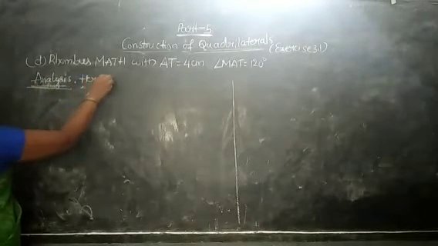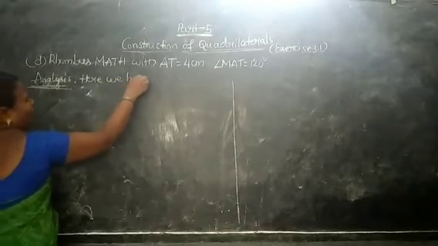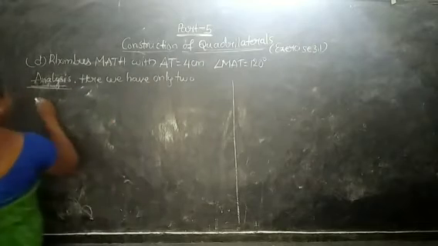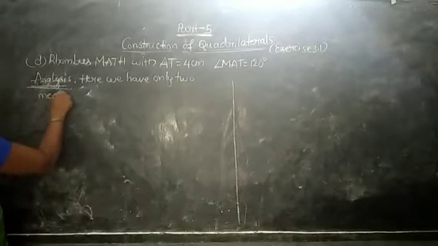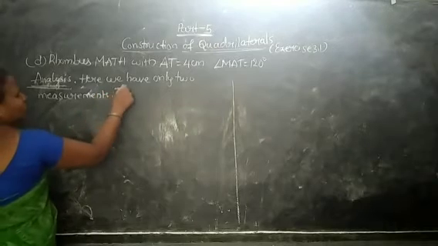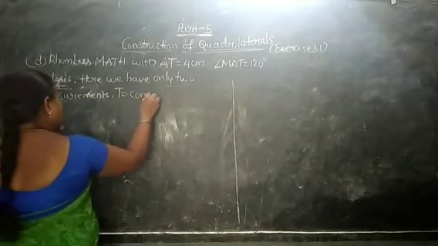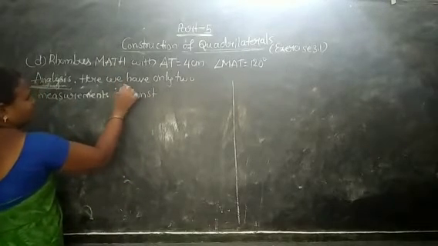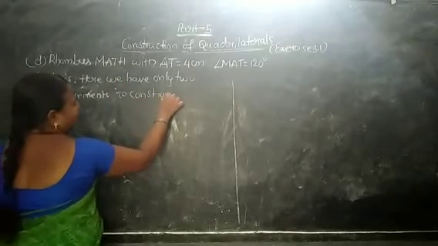Here we have only 2 measurements. Only two measurements to construct a rhombus.